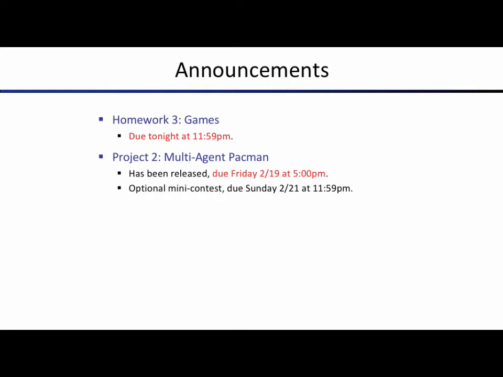No, it's the transition function. It's the probability of getting to state S prime if you started in S and took action A. Okay, so that's the Bellman update. And note that it doesn't tell us how to actually solve this. It's just a description of what needs to happen if we have optimal values.